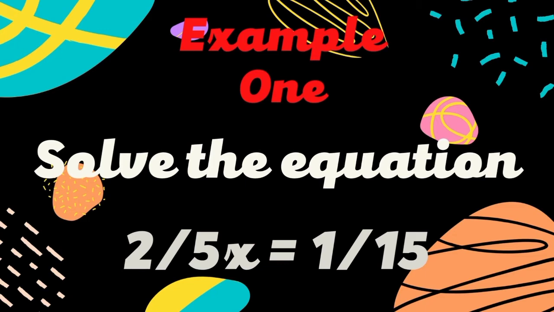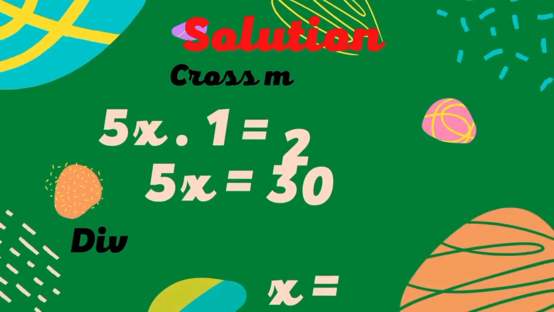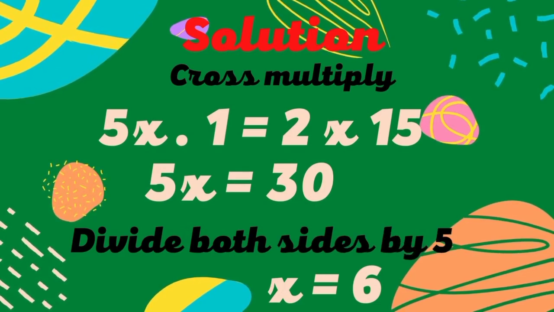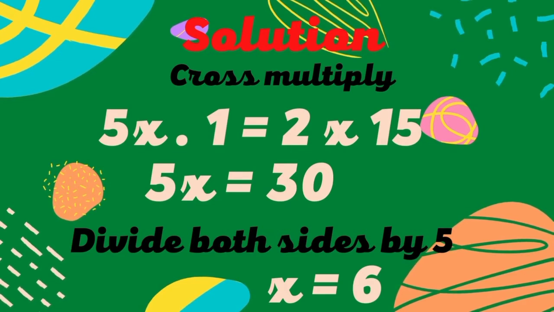And when you cross multiply, you have 5x times 1 is equal to 2 times 15. 5x times 1 will give you 5x, 2 times 15 will give you 30. Then you divide both sides by 5, and that will give you x is equal to 6.